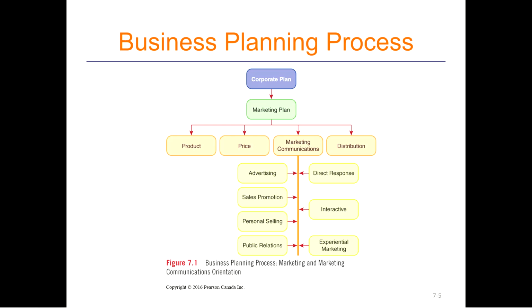If we look at the business plan process from top to bottom, we go from a corporate plan to a marketing plan, and of course we have the 4 P's outlined there: product, price, promotion, and place. As you can see, in marketing communications you also have advertising all the way down to public relations.